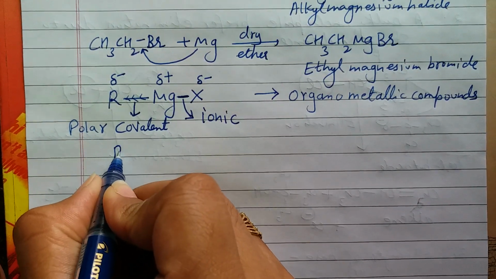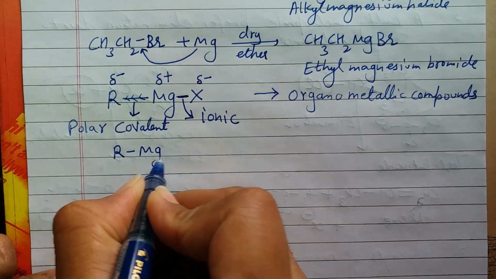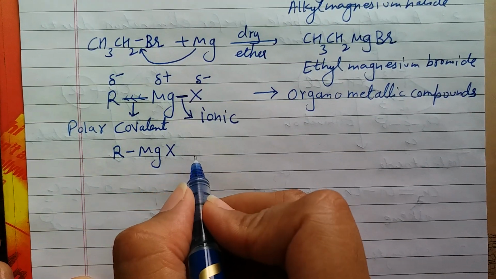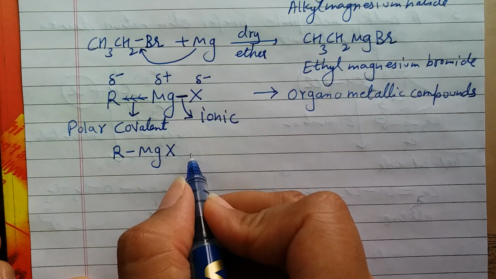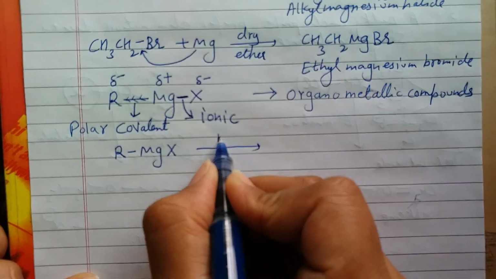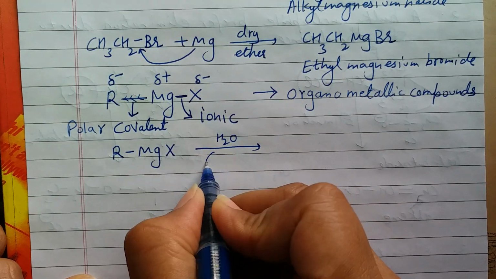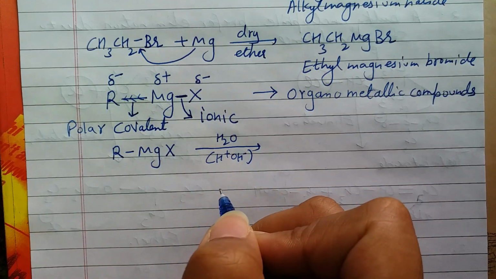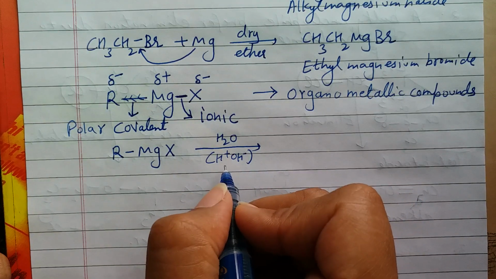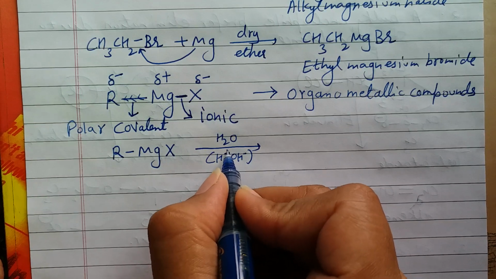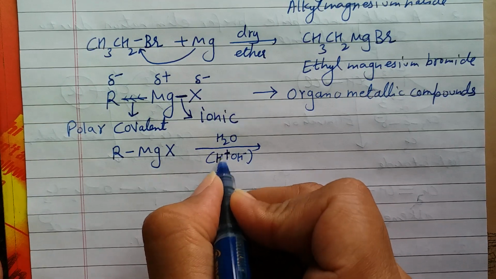Grignard reagent is very reactive. RMgX is a very reactive compound and it reacts with even traces of moisture if present. So if you have moisture, and water can be taken as H plus and OH minus, Grignard's reagent reacts with a source of H plus ions, protons.